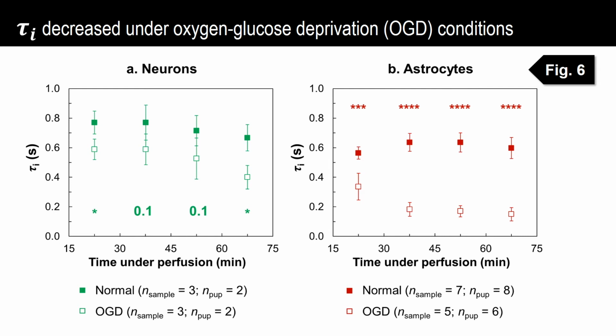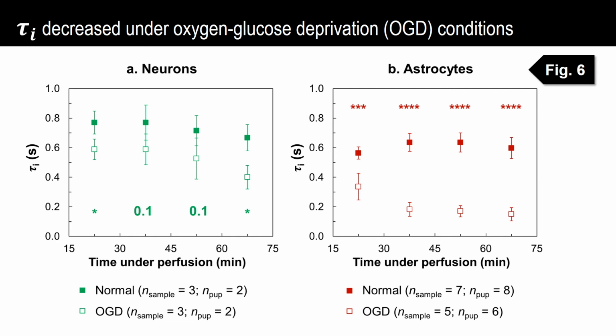Our study showed that the tau I for both neurons and astrocytes decreased significantly within 30 minutes of the onset of OGD condition. Although this study was not designed to identify the exact biophysical mechanisms behind this decrease in tau I upon oxygen-glucose deprivation, we have discussed some possible factors in our paper.